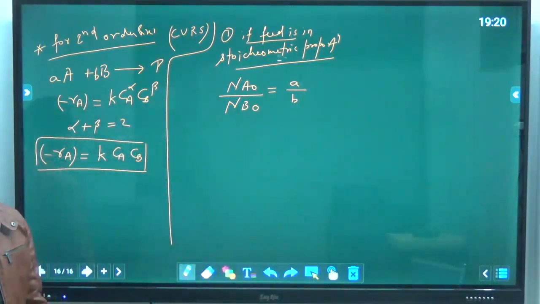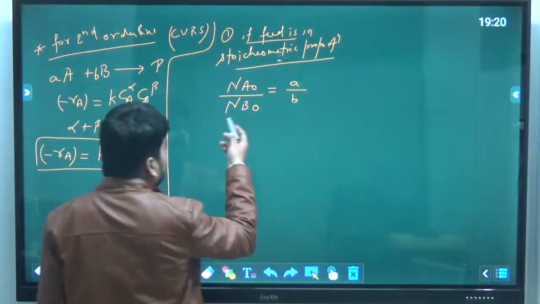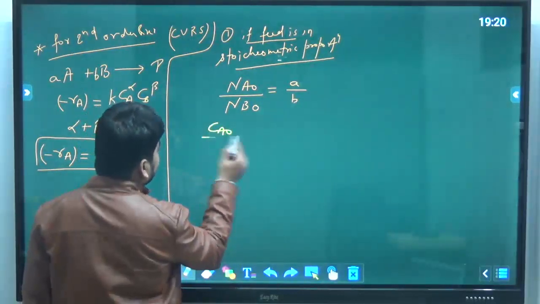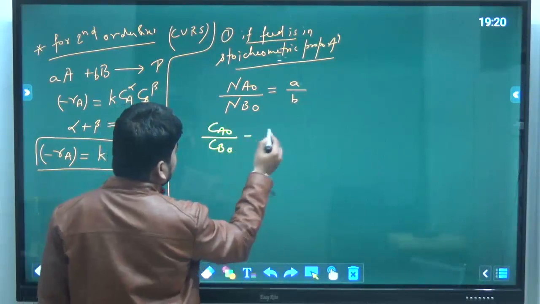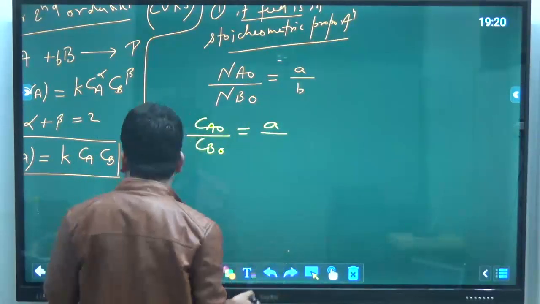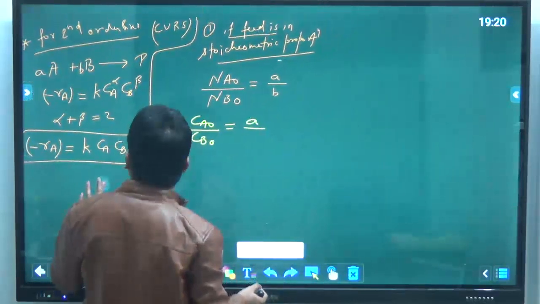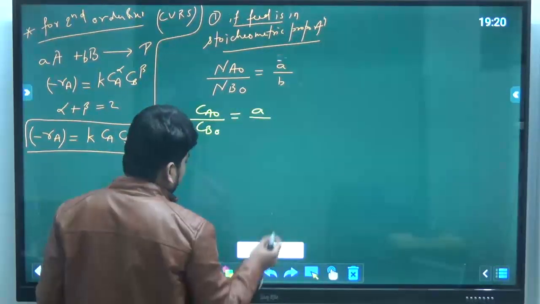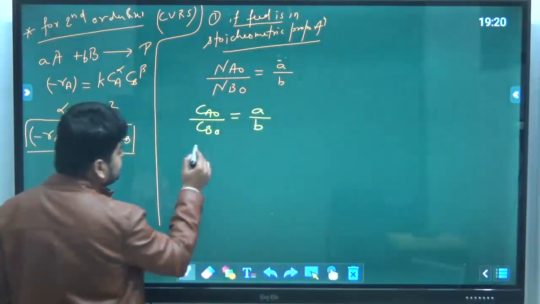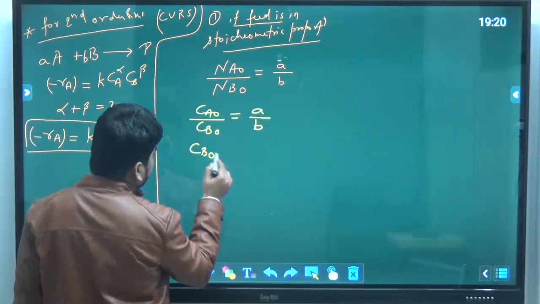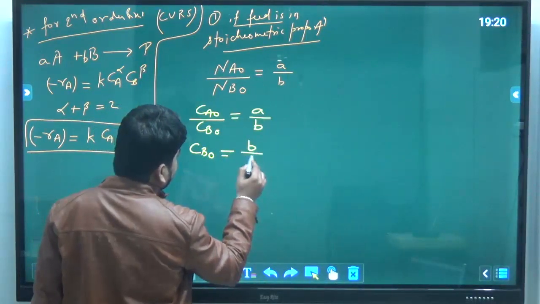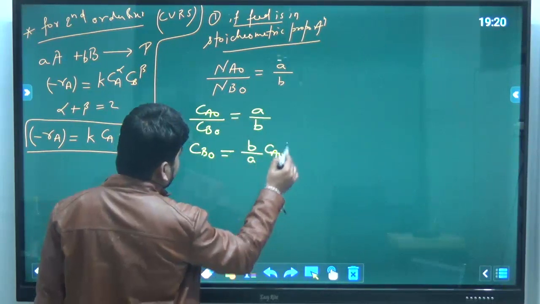So we will say the feed is in stoichiometric proportion. If Na0 over Nb0 is equal to a by b, then it's obvious that Ca0 over Cb0 will also be equal to a by b, since that is a constant volume reaction system. So here you can see that Cb0 is equal to b upon a times Ca0.